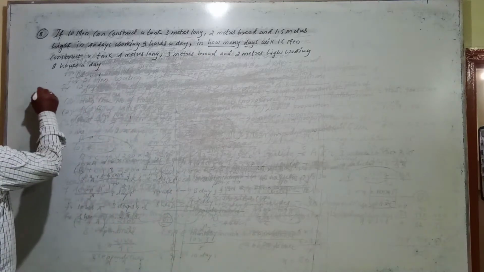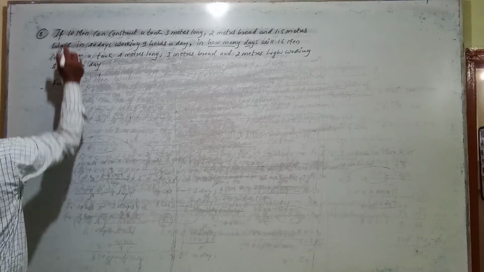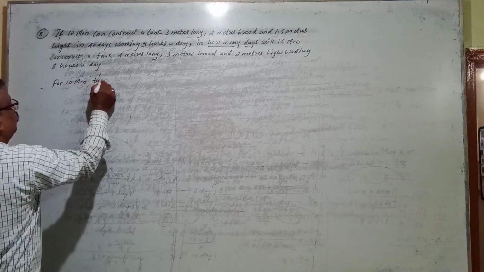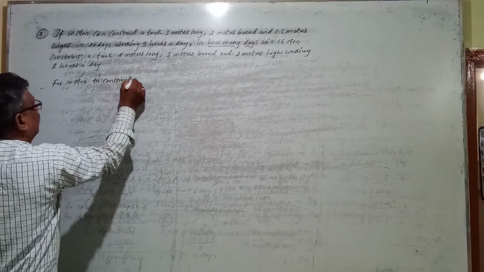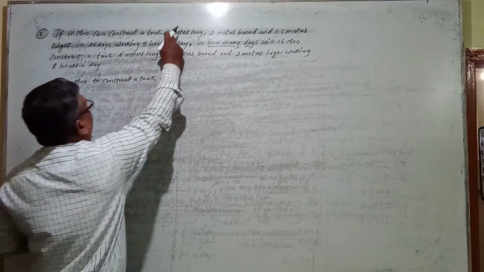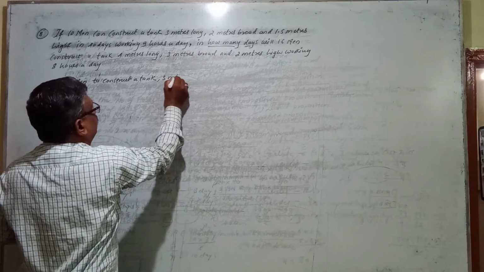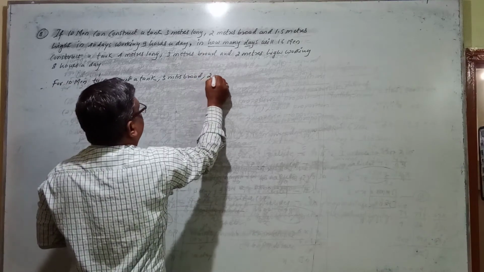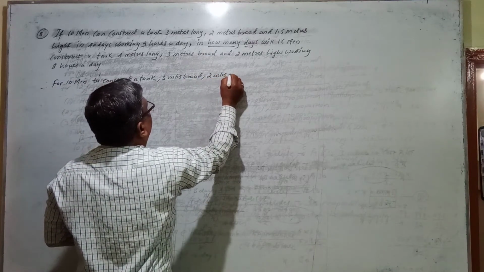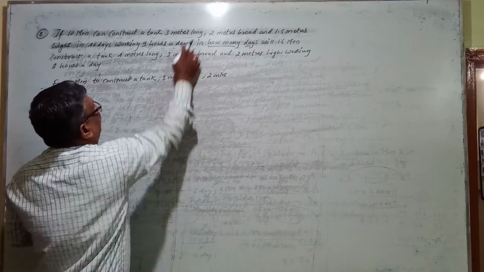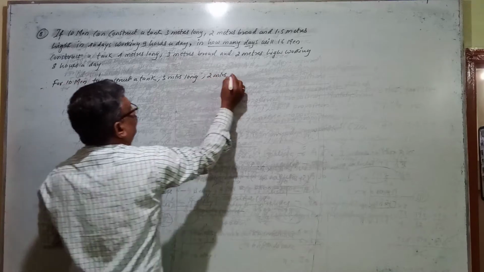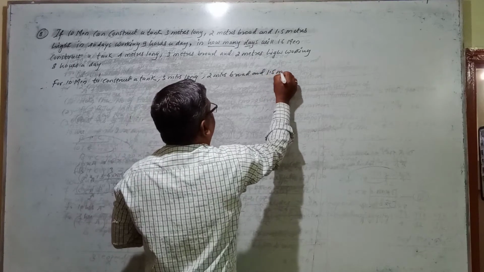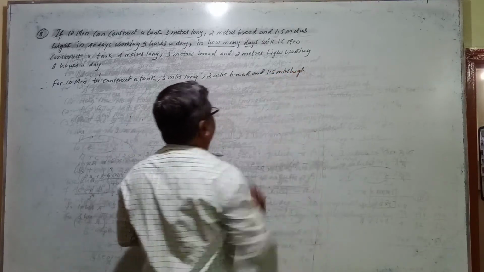So my equation will be, for 10 men to construct a tank which is 3 meters long, 2 meters broad and 1.5 meters high, right?